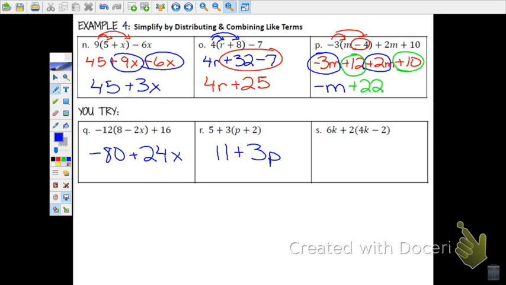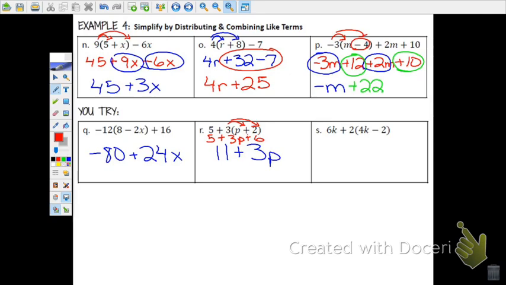Some of you struggled with this one because you wanted to add the 5 and the 3 together and get 8 and then distribute. That is not how order of operations work. We have to distribute first. So the 3 gets distributed. So I have 3p plus 6. Bring that 5 straight down. Then I combine my 5 and 6 to get the 11 plus 3p.